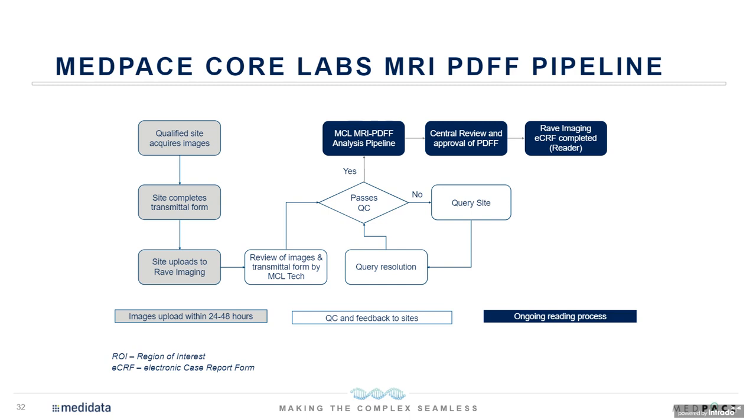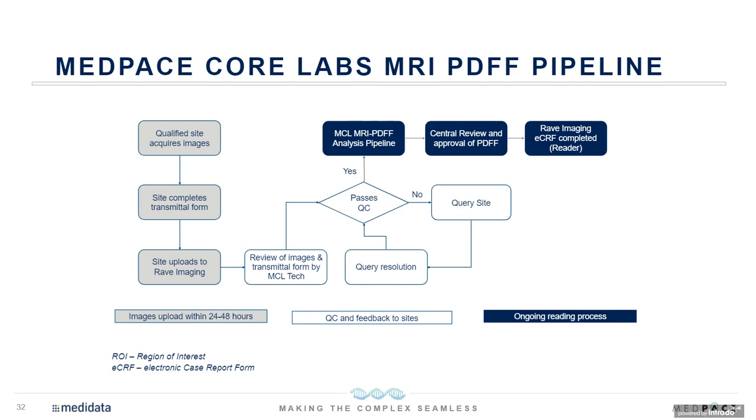Here, I just wanted to briefly demonstrate the flow of data processing. Qualified sites upload imaging data to Rave Imaging. The Medbase core lab performs the QC, files queries as needed to sites, and accepts the final MRI scans from sites.